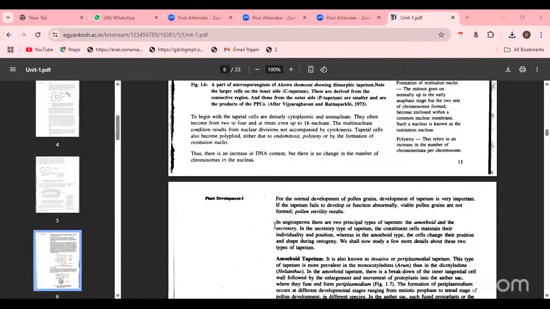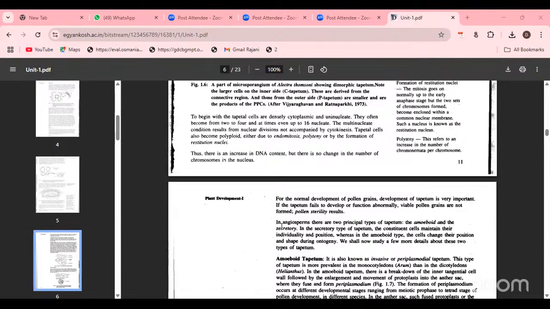The tapetal cells also become polyploid, either due to endomitosis or polyteny and formation of restitution nuclei. Thus, there is an increase in DNA content, but there is no change in the number of chromosomes in the nucleus.